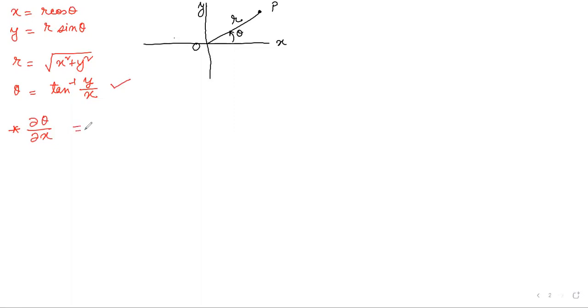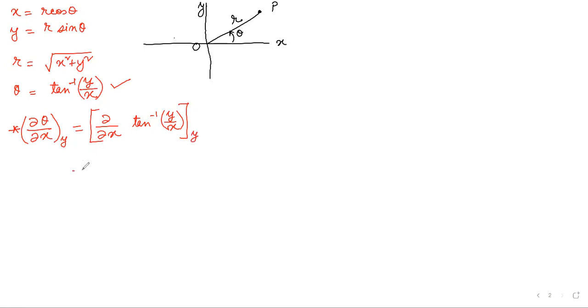So this would be dou by dou x of tan inverse y by x. When we calculate dou theta by dou x, we are actually keeping y constant.